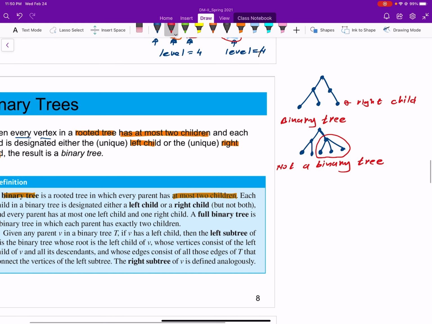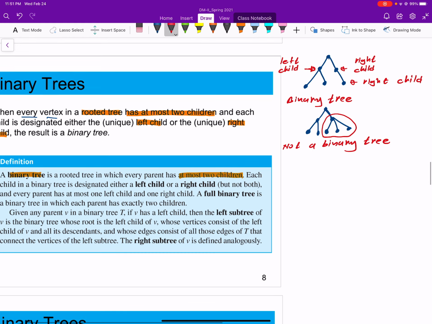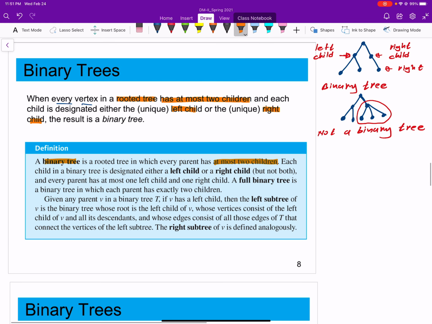All right, so here you could say this is the left child, that is the right child.